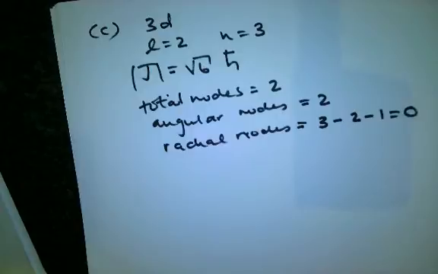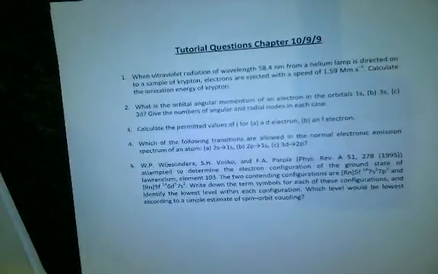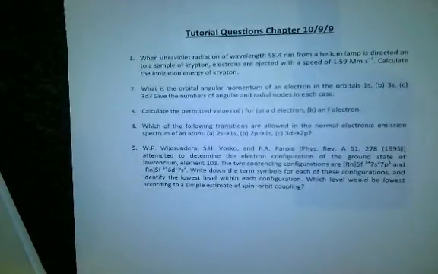Question 3. Calculate the permitted values for J for a d electron and an f electron.